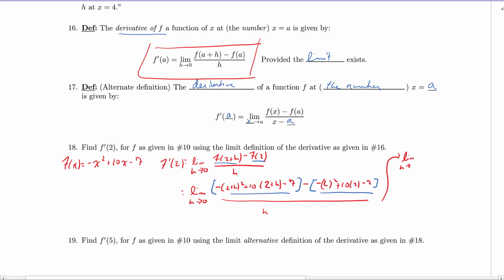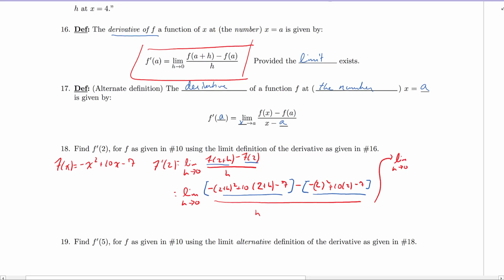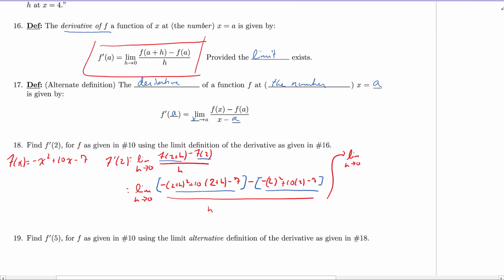We've got the limit as h approaches 0. Foiling this out is going to give me negative 4 minus 4h minus 2h squared plus 20 plus 10h minus 7, and then we'll have plus 4 minus 20 plus 7 all divided by h.